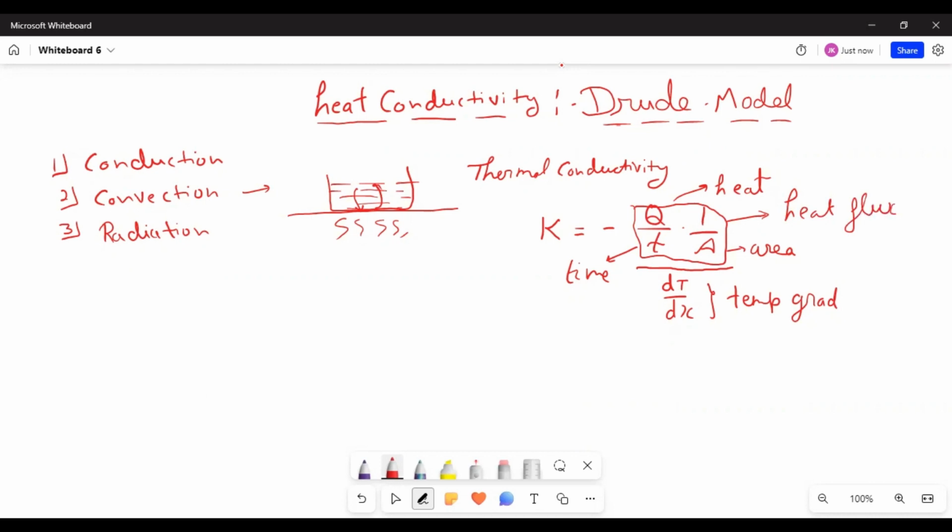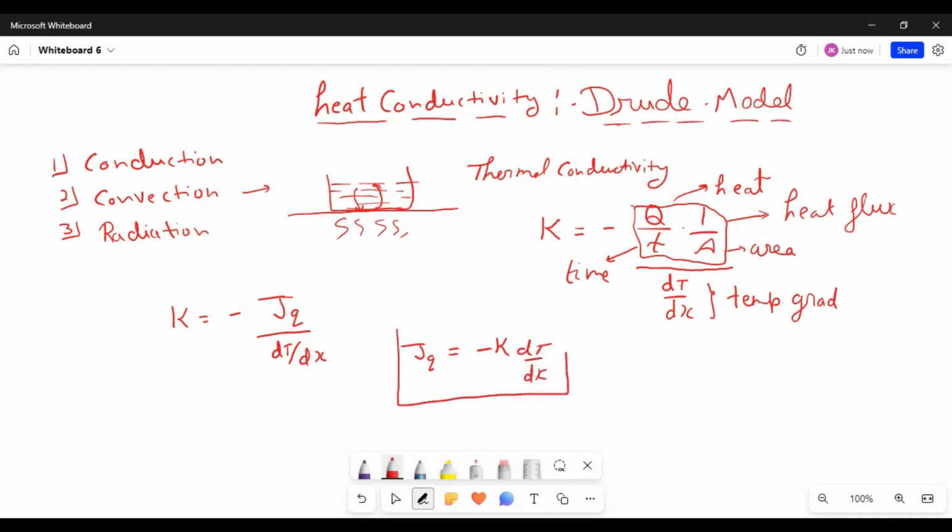So in this way, we can write this expression, where this is heat flux divided by the temperature gradient, or further simplifying it, heat flux equals thermal conductivity times temperature gradient.